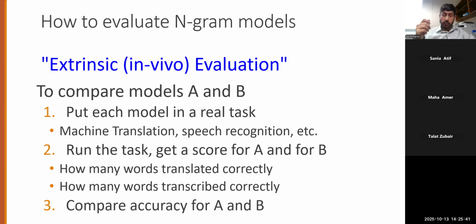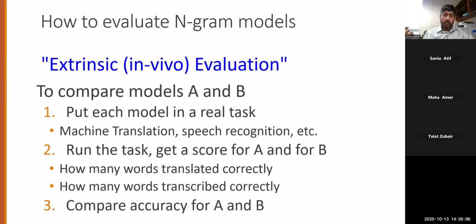So one way to evaluate a language model is to compare the performance of those applications while using different language models. So let's say if you have two language models A and B, तो आपने language model A से classification की और language model B से classification की and then check which classification performance was higher.